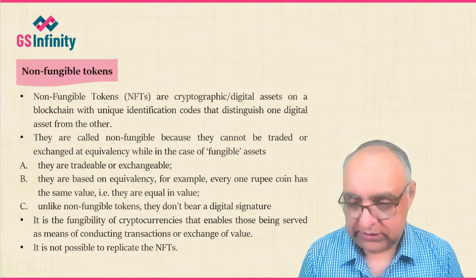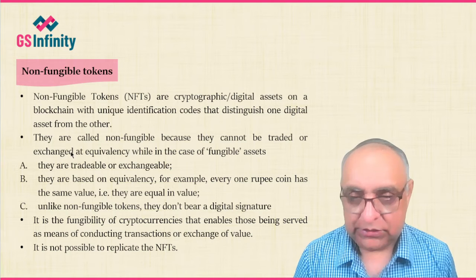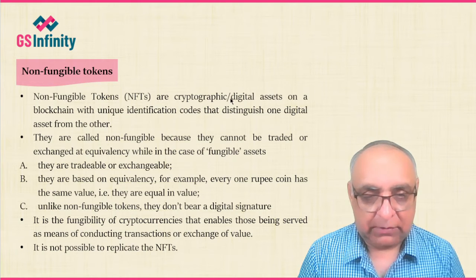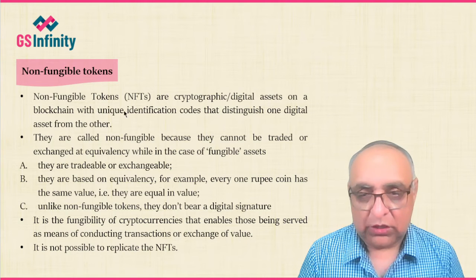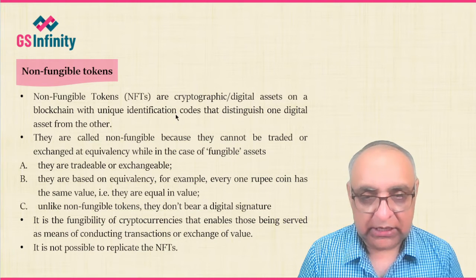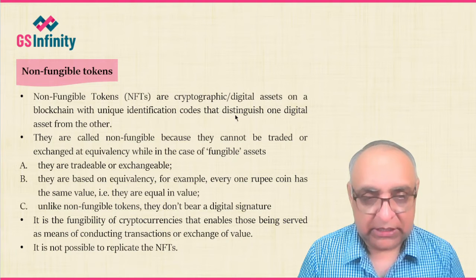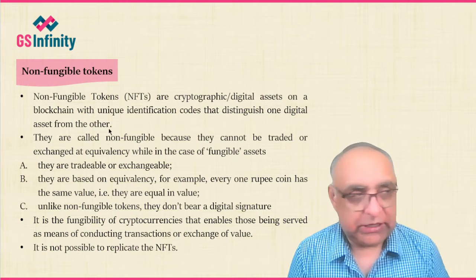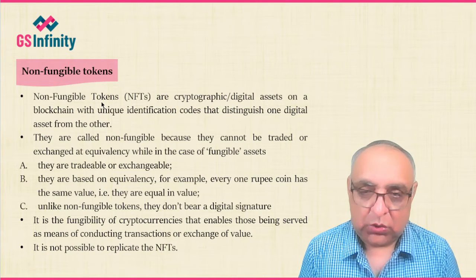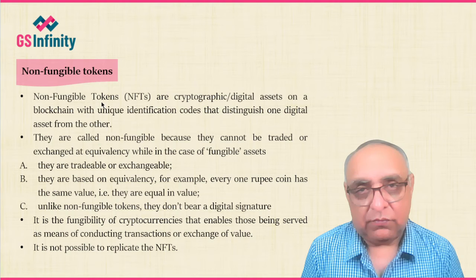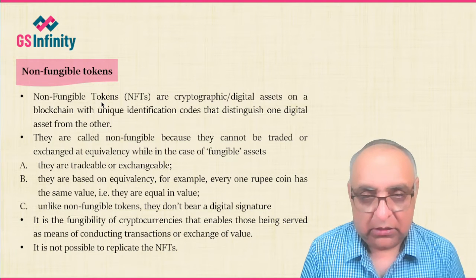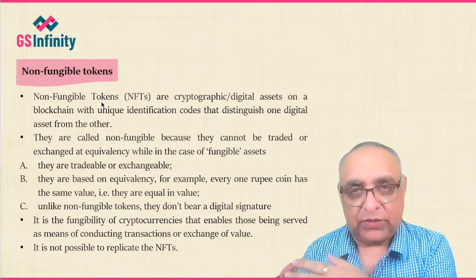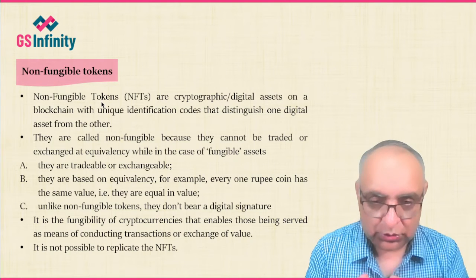So now let us have more information on it. Non-fungible tokens are cryptographic digital assets on a blockchain with unique identification codes that distinguish one digital asset from the other. So what is a non-fungible token? A non-fungible token is a digital representation of a physical asset which is based on the blockchain technology.